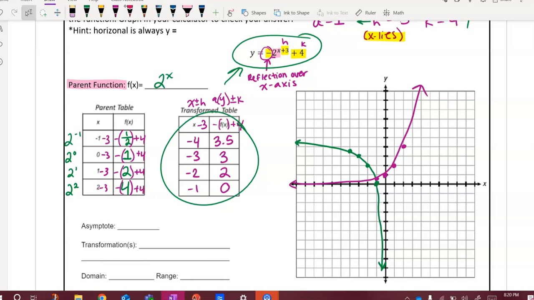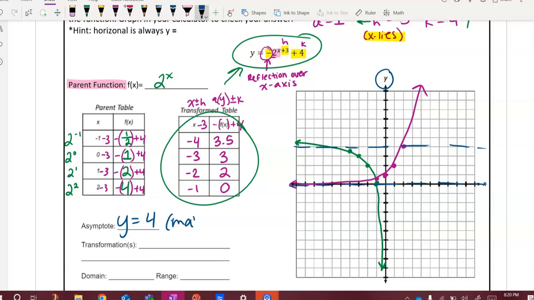So we can also draw our asymptotes. The asymptote of this graph right here is, I probably drew my line too high, but it's right here at 4. And the asymptote of the original graph, or the parent function, is at 0. So our new asymptote is going through the y-axis at 4.